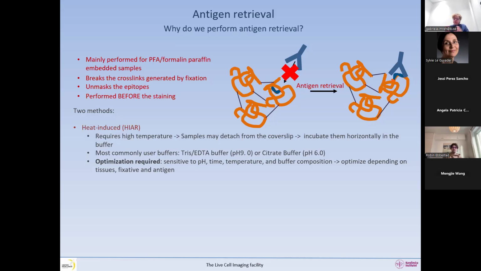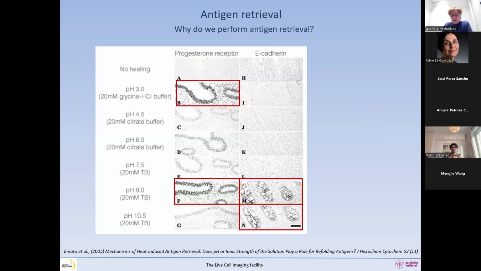And you need to play a little bit around with all these parameters to get the best antigen retrieval result. And here, as I said, it's an example where you can see you have tissue sections, and there are two different antibodies, and they try different buffers and change the pH between them.